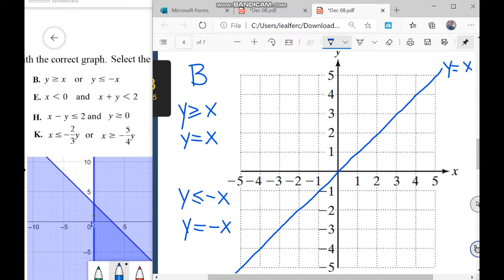And y equals negative x, if you have negative 1, you're going to have 1. If you have negative 2, you're going to have 2. If you have negative 3, you're going to have 3. It's pretty much negative 4 is 4. And this is going to be y equals negative x, this one. Right? This is the line that represents y equals negative x.